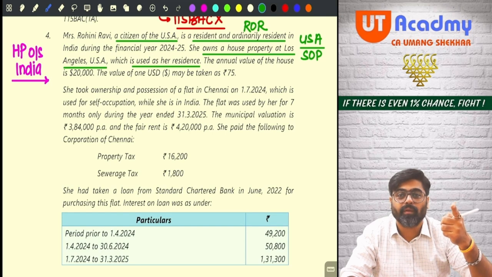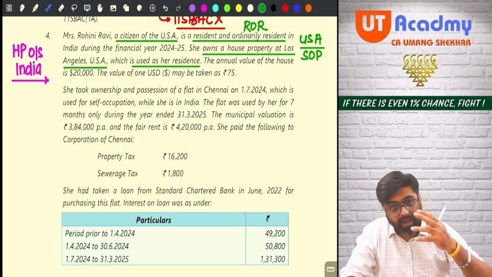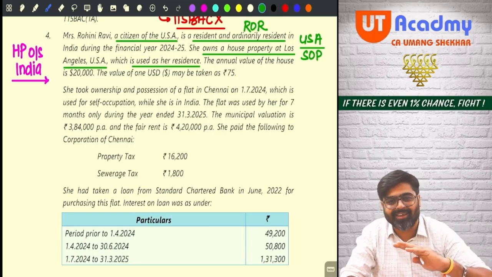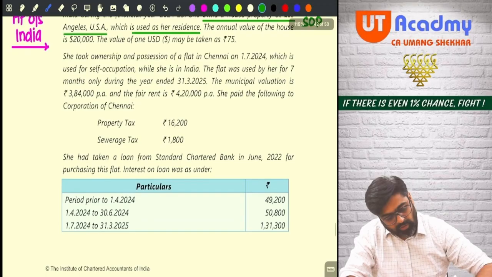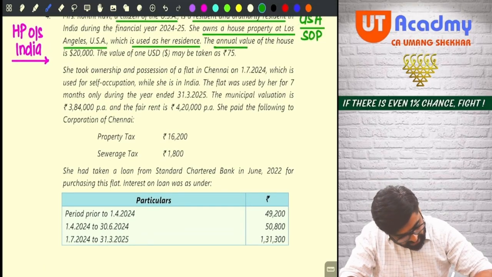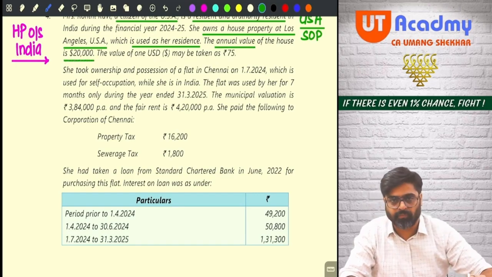Because annual value of any two SOPs is exempt at the option of the assessee, whether in India or outside India. Then next one. The annual value of this house, oh my God, they have only calculated the annual value, which is $20,000.